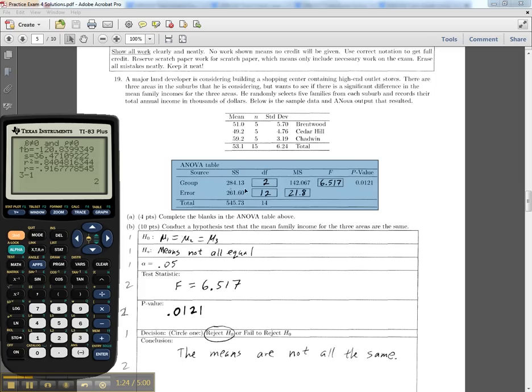So it's 2. The degree of freedom for error is calculated by counting the number of individuals altogether, or for this particular question, families, and then subtracting the number of groups. So 15 is the total, 5 plus 5 plus 5.